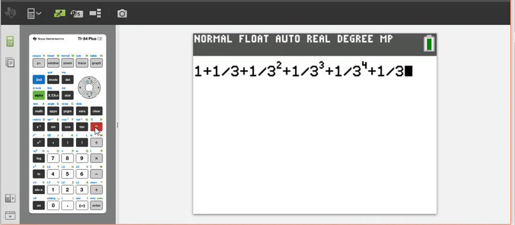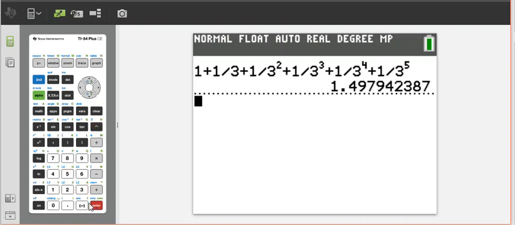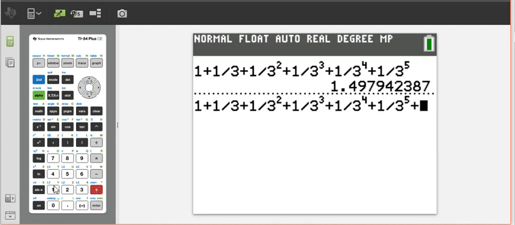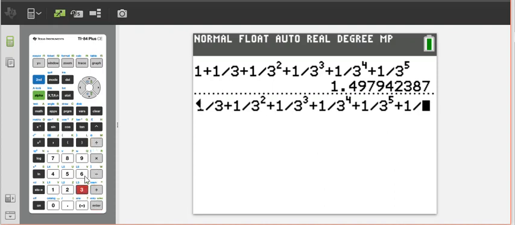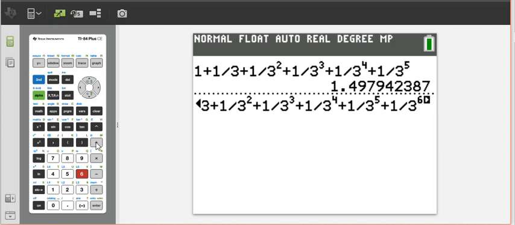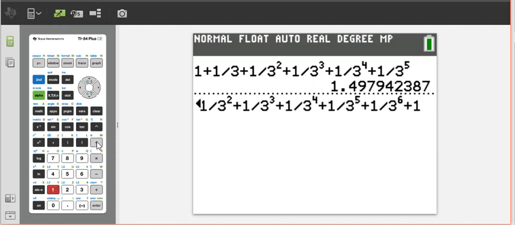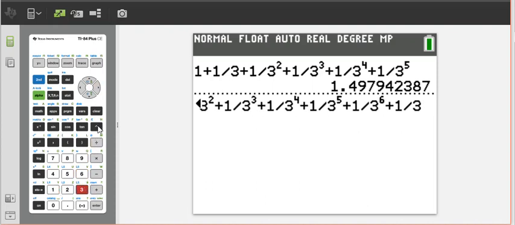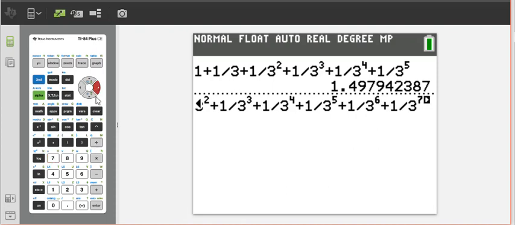I'll go to the fifth. If I add the first few terms, this is what I get. But remember, we want to add infinitely many. So if we keep adding, let me go out a few more terms. Maybe I'll go to 1 over 3 to the 10th. Give me a minute to punch all this in.